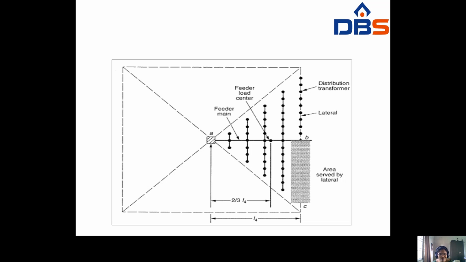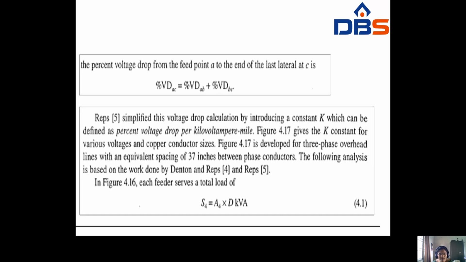So the percentage of the voltage drop from the feed point A to the last lateral end AC is percentage VDAC equal to percentage VDAB plus percentage VDBC. This is a simplified voltage drop calculation, introducing a constant K, which is defined as the percentage voltage drop per kilovolt-ampere per mile.